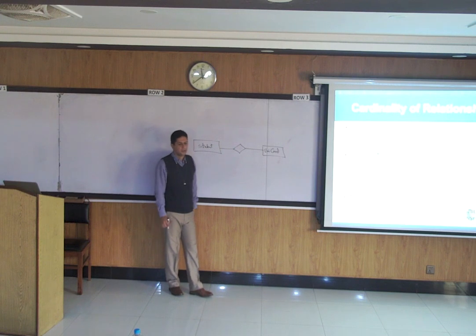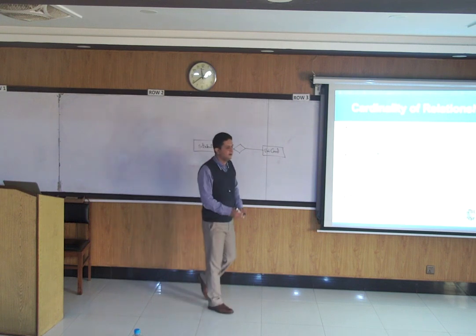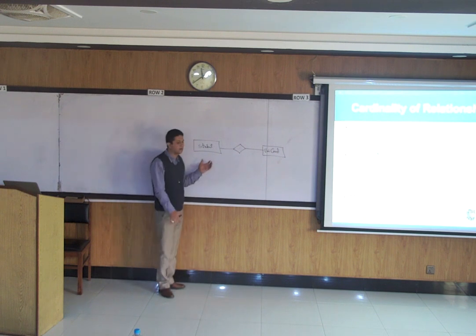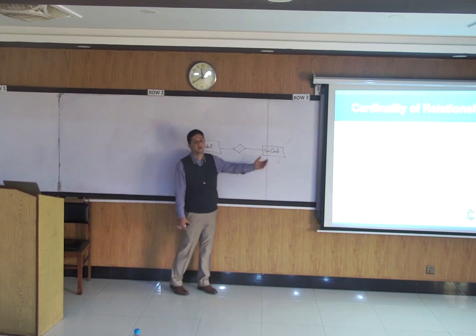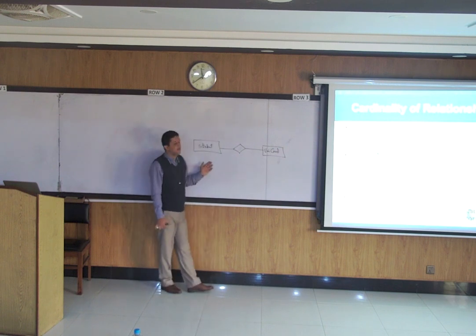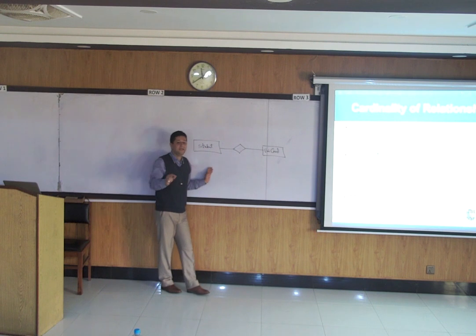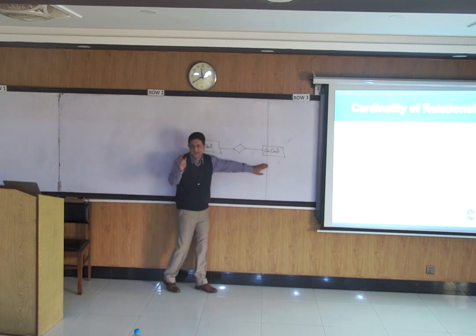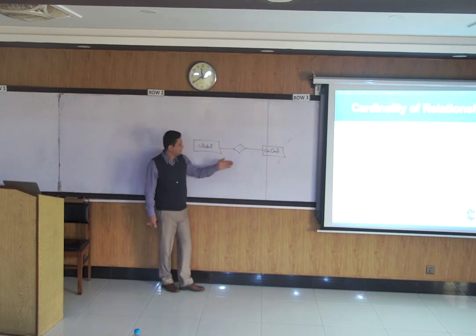Okay, so first of all, whenever we try to model or detect the maximum cardinality, as I told you, we start from one side and then we repeat that from the other side. So from this side, we shall check how many maximum instances of this side can be related with one instance from this side.